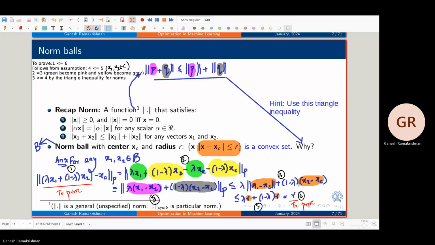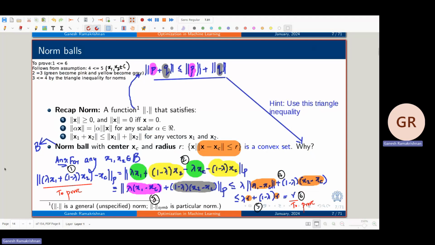Okay, so I've just elaborated on what this notion of a norm ball is. The norm ball with center XC and radius R is a convex set. Now, how is it? There is a sequence of 6 steps of decomposition, and then we show 1 is less than or equal to 6.